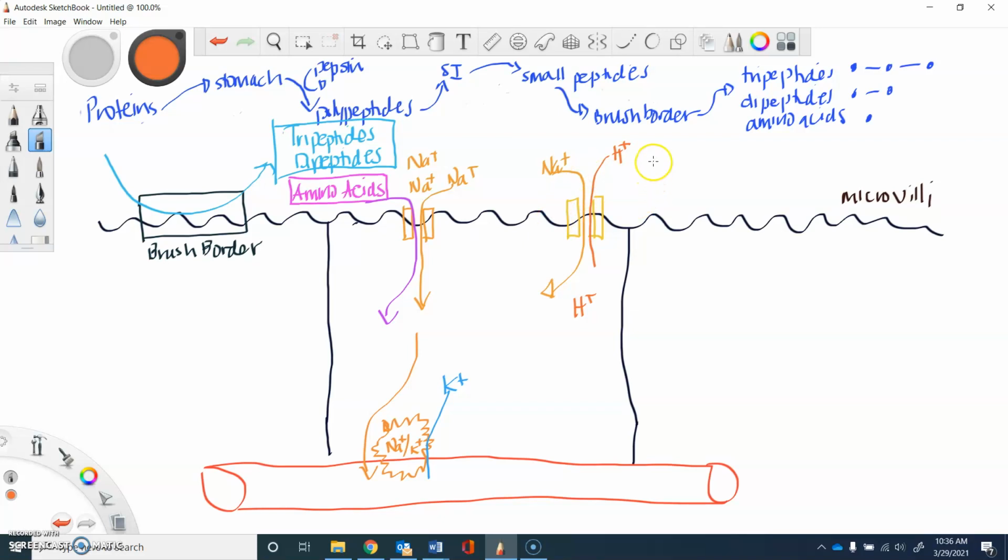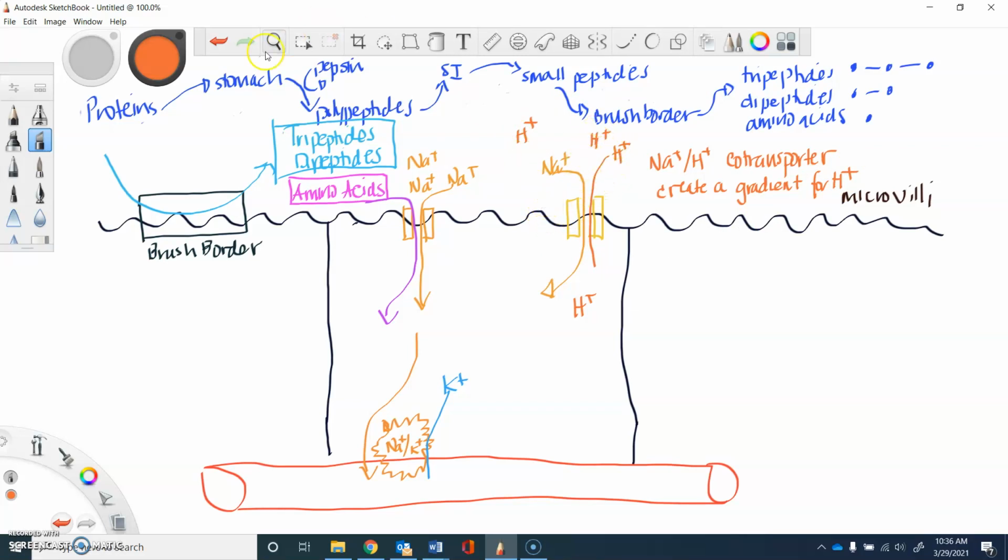This is called the sodium-hydrogen co-transporter. And what it's going to do is create a gradient for hydrogen. So it's going to keep pumping out hydrogens out here, creating a gradient for hydrogen to go back into the cell.